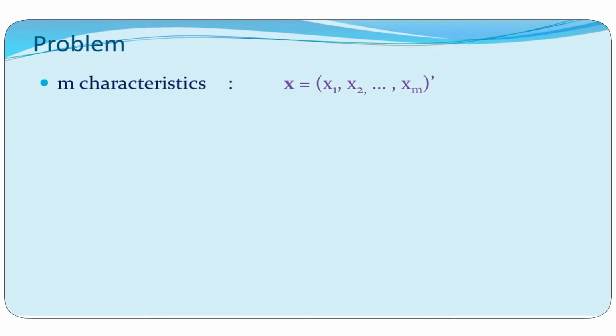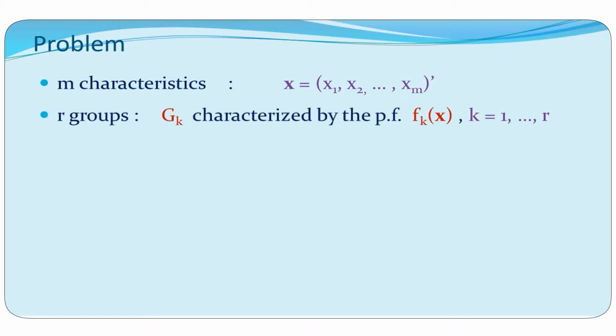So, we have m characteristics of an individual given by the vector x running from x1, x2 to xm. We assume that there are R groups. Of course, R is greater than 2, 2 would be a special case for R, and Gk is the kth group, which is characterized by the probability function fk(x).